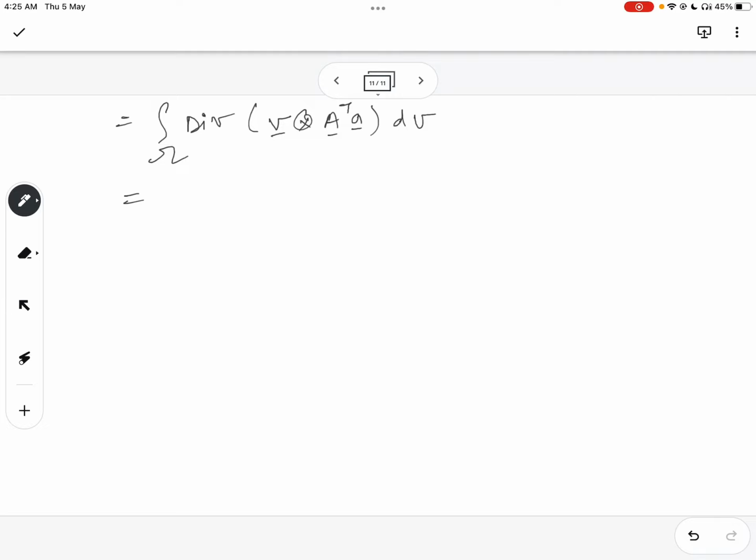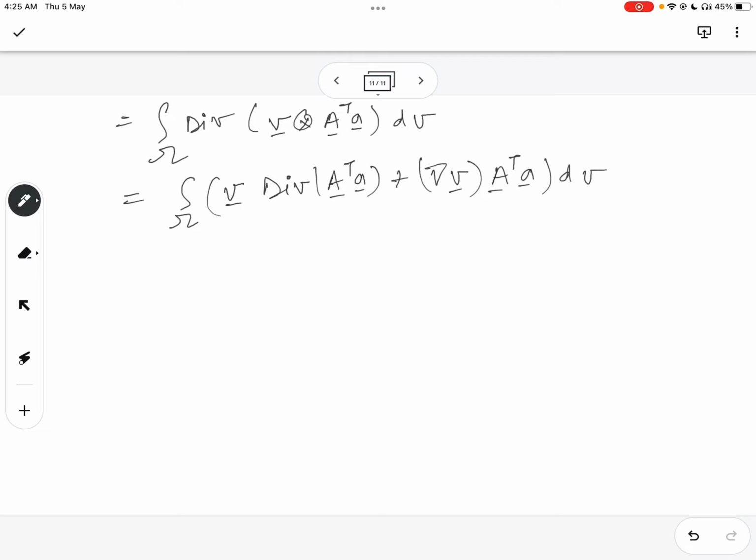Now opening this up using what we have proved before, this becomes v divergence of A transpose a plus del v acting on A transpose a, dV.